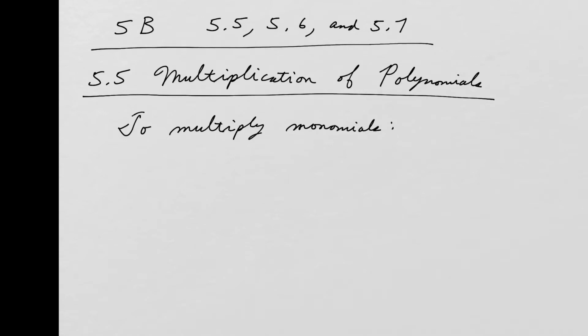What you want to do first is just multiply the coefficients, right? So the numbers together. So multiply the coefficients. Then multiply the variables using the product rule of exponents to simplify it, right?